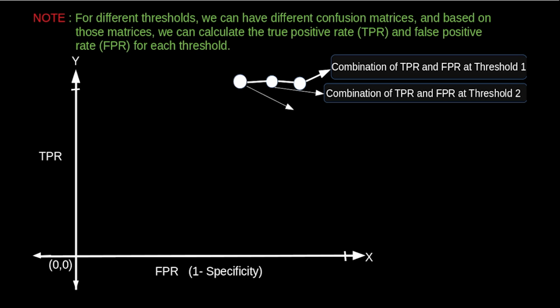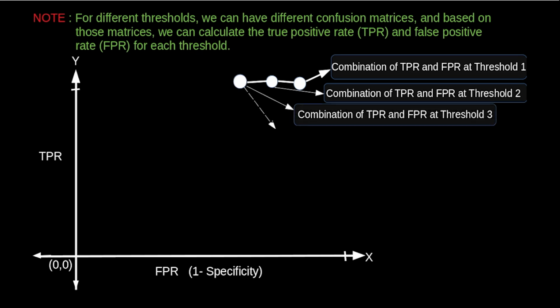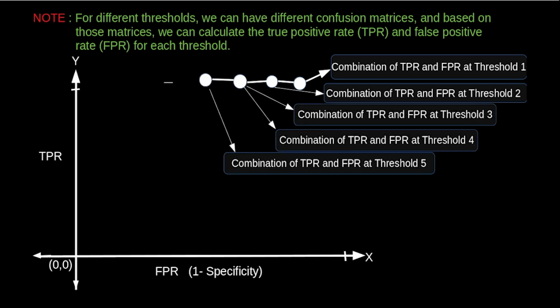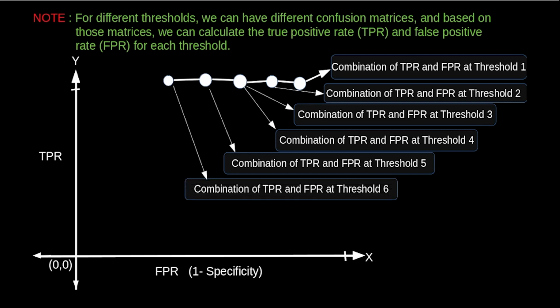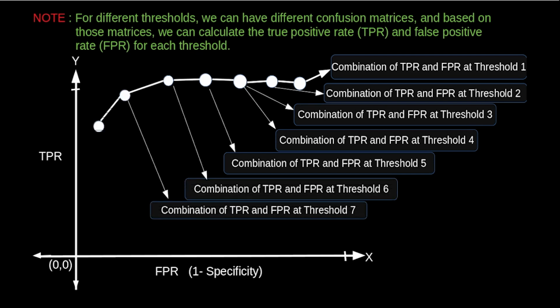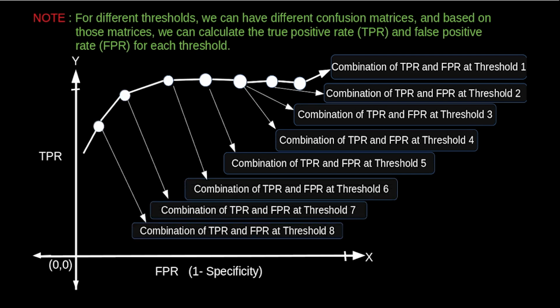This is how we can calculate true positive rate and false positive rate with the help of confusion matrix at different thresholds. This is how we can draw the ROC curve. So these are all the points on the ROC curve, a combination of true positive rate and false positive rate at different thresholds.